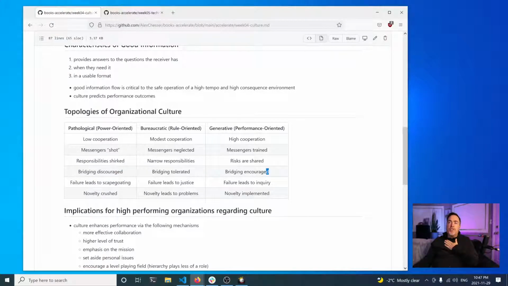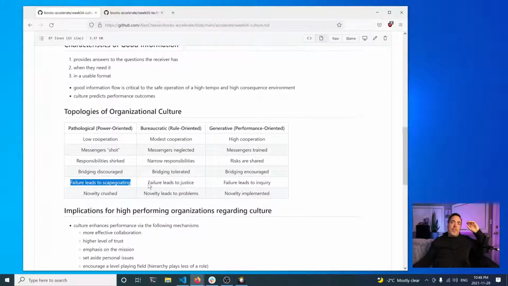Bridging is cross-departmental communication, I believe. So in power organizations, you don't go across departments, whereas in generative, you do. And so what happens, again, we're talking about the bus driver.